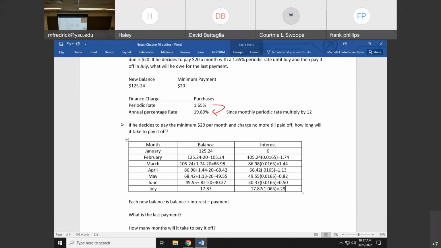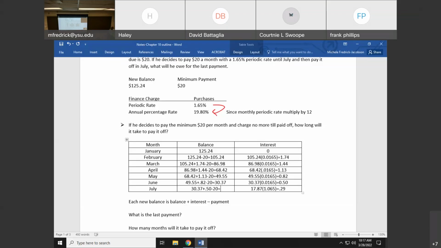Okay, so we had 30.37. Oh yeah, how did I get, I must have been 37.37. 30.37. Oh, let's move this before someone says something wrong. 30.37 plus the 50 cents minus $20.